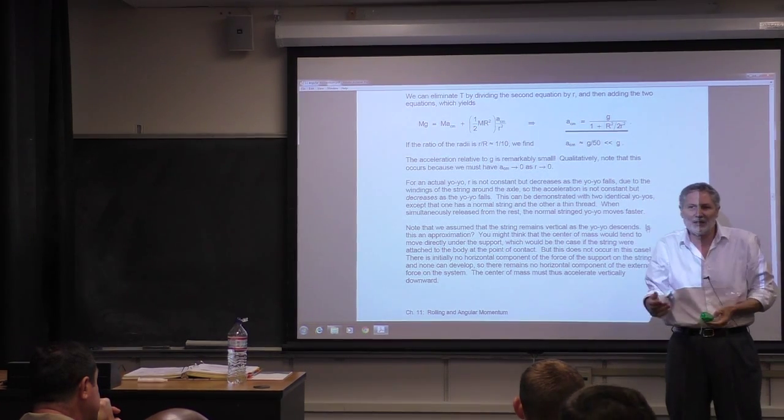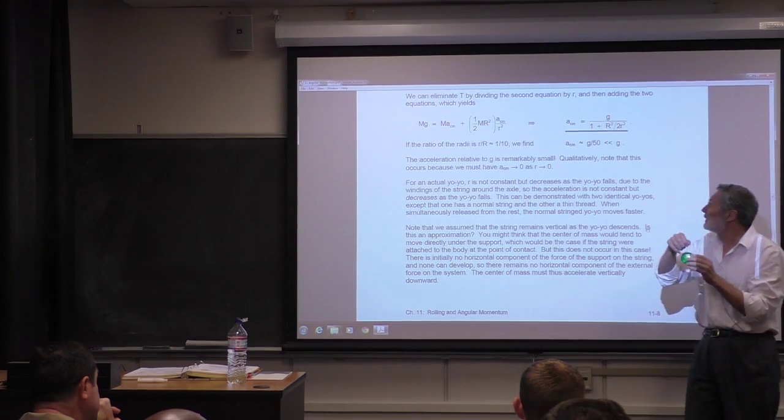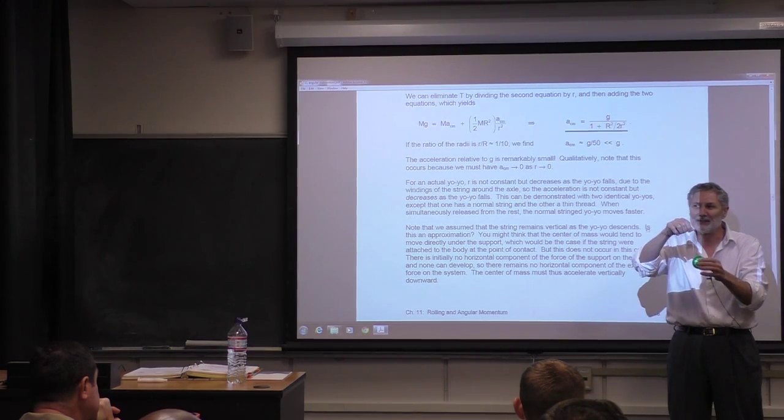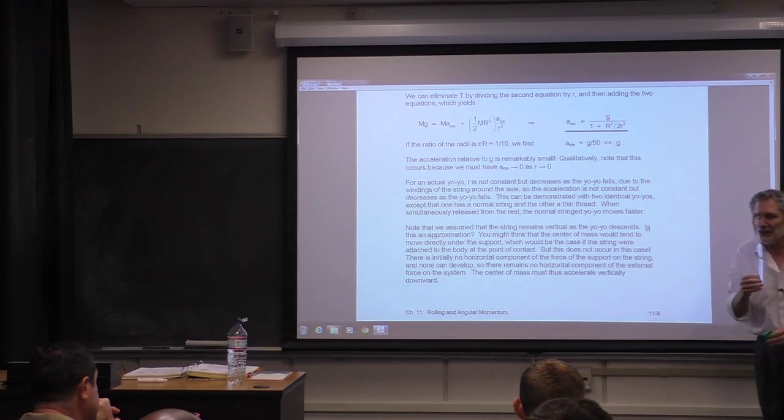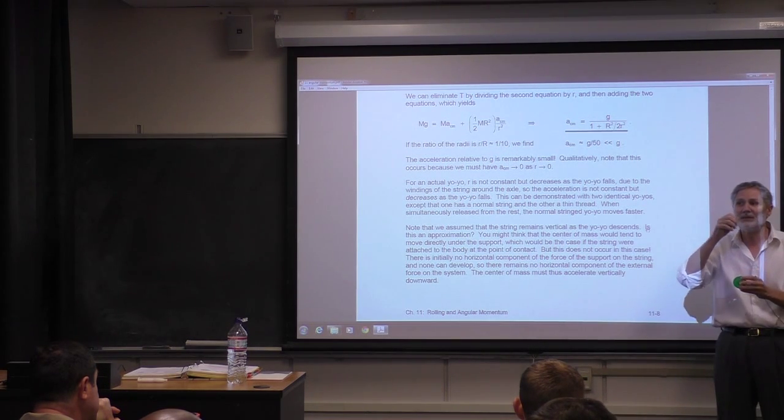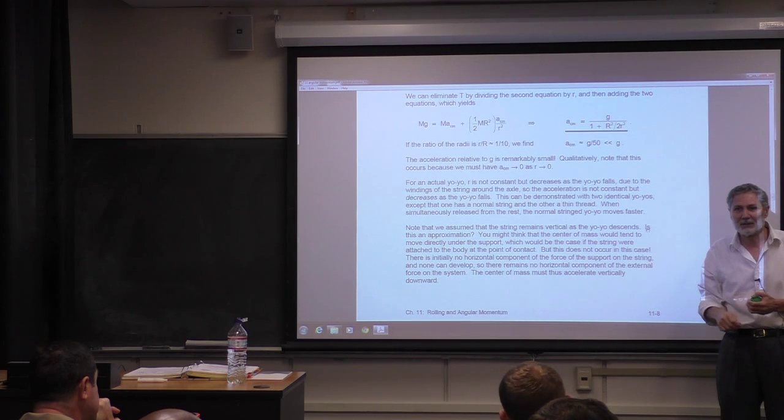Yes, the string is thick. So is the acceleration constant as this goes down? No, because the torque is going to be changing. The torque is going to be decreasing in time, so the angular acceleration will be decreasing.